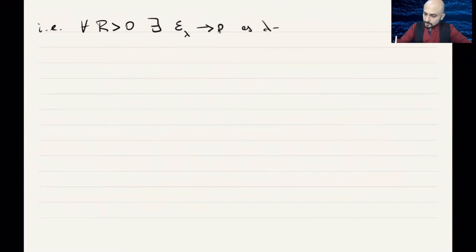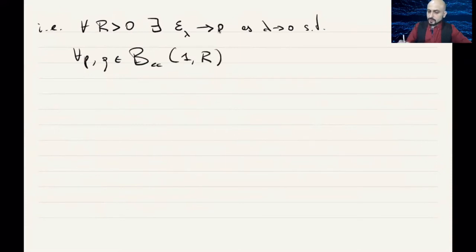Which means, i.e., we can take balls as compact sets: for all radius r, there exists a sequence epsilon lambda going to 0 as lambda goes to 0, such that for all points P and Q in the Carnot-Carathéodory ball of radius r, we can take a closed ball, or the open ball, it doesn't matter.